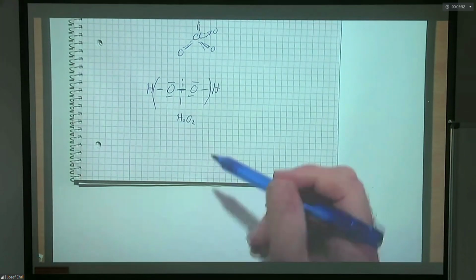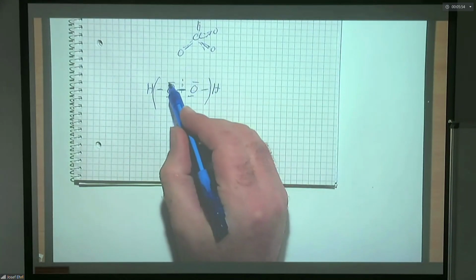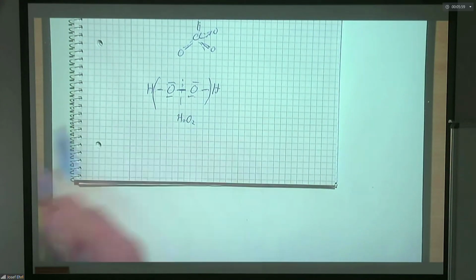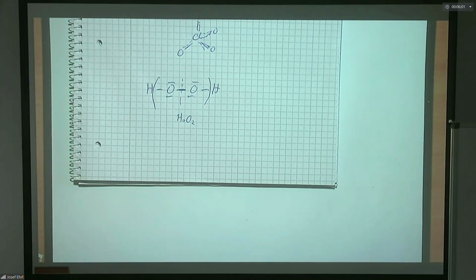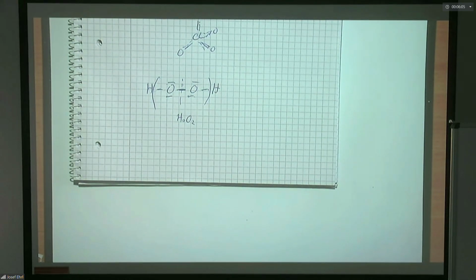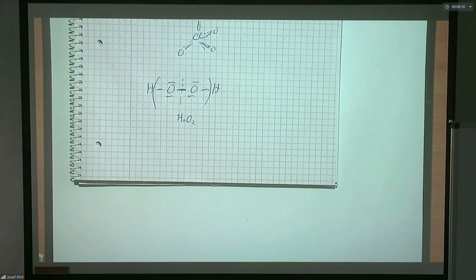Now we count the electrons for each oxygen. 1, 2, 3, 4, 5, 6, 7. Oxygen usually has 6 electrons available due to its place in the 16th group, or the 6th main group, 6 electrons in the outer shell.